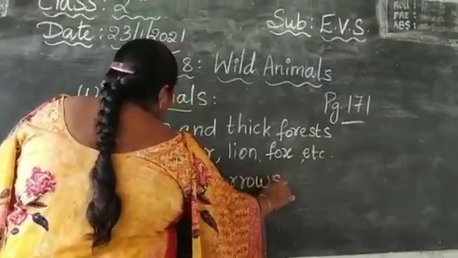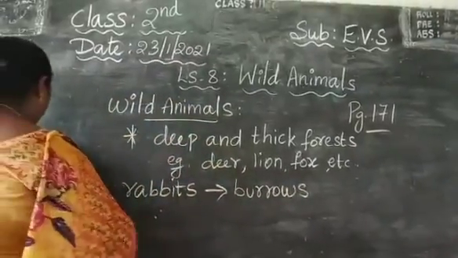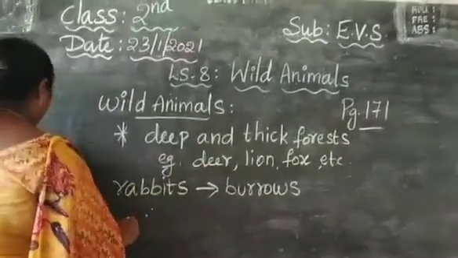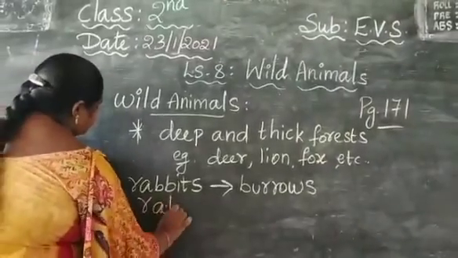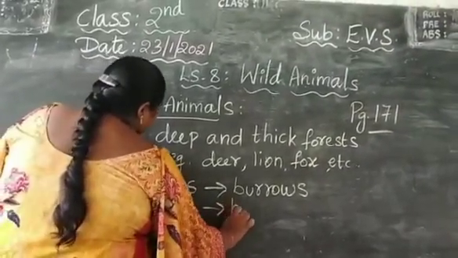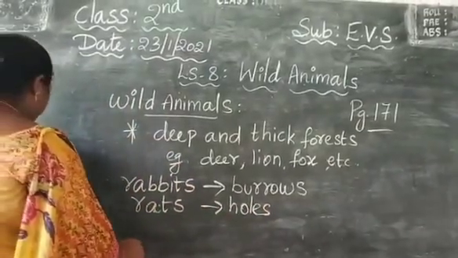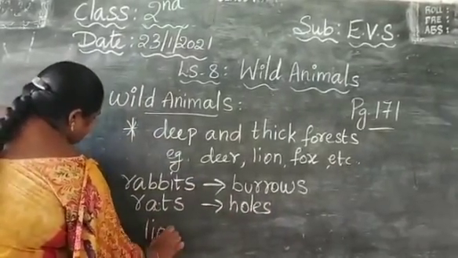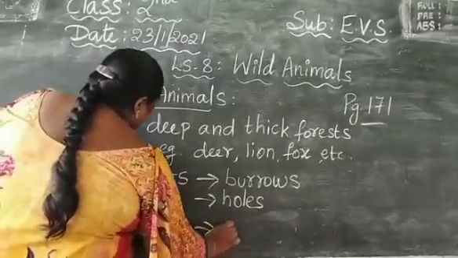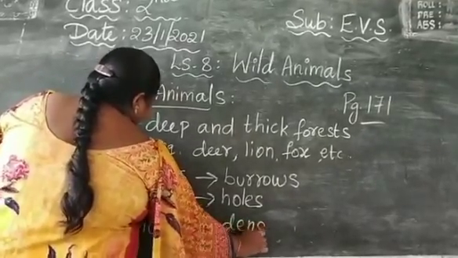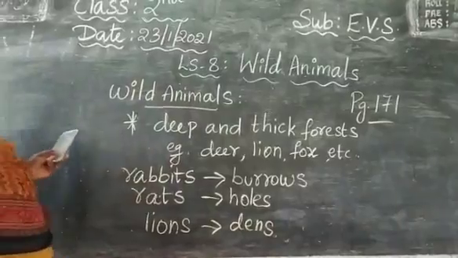That means they make holes in the ground and they stay in those burrows. Rats live in holes, and lions live in dens. So these are wild animals.